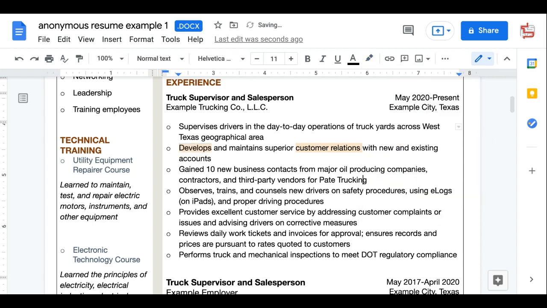And then to fill it out, I put and maintains superior just to kind of boost it up a little bit. And I included with new and existing accounts so the reader will know that this person has the skills to go out and develop new business, make connections, network, and they have the ability to continue facilitating good relationships with existing accounts. So that's the rationale behind how I filled that out.